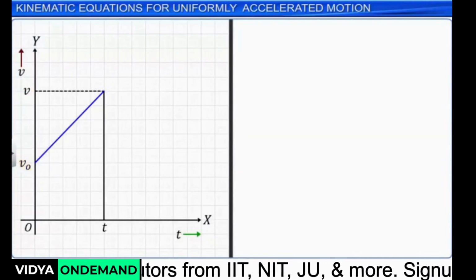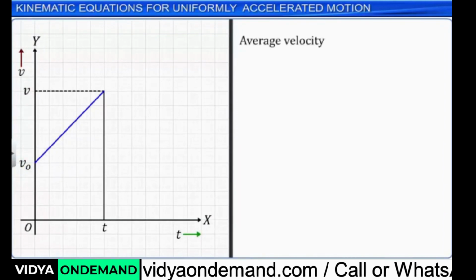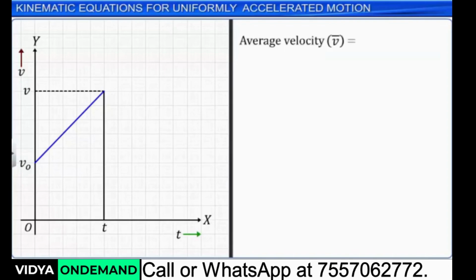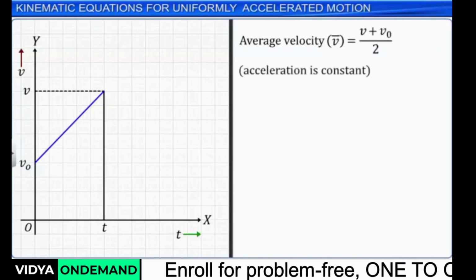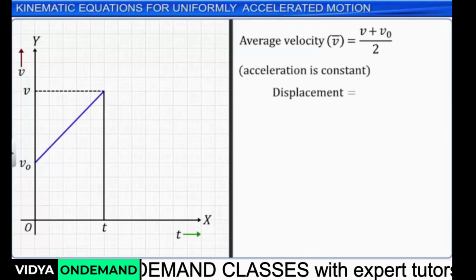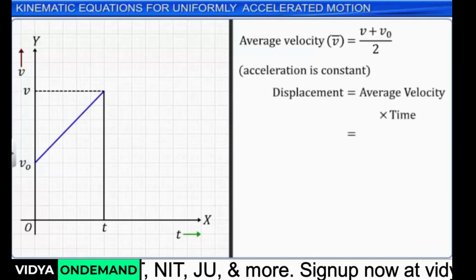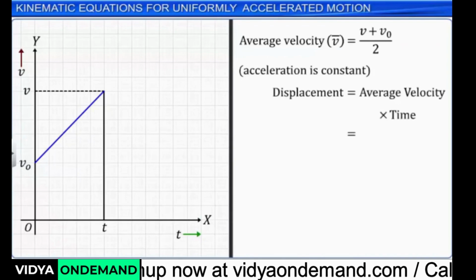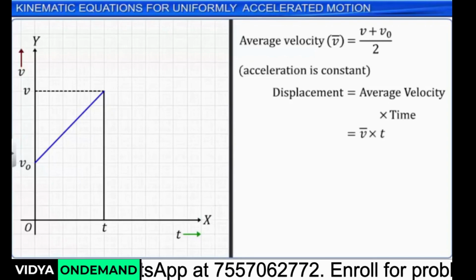We know that displacement is the product of average velocity and time, that is, the product of v dash and t. From equation 1, v is the sum of v naught and at. By rearranging the equation, we get time t equal to the ratio of the difference of v and v naught and a.